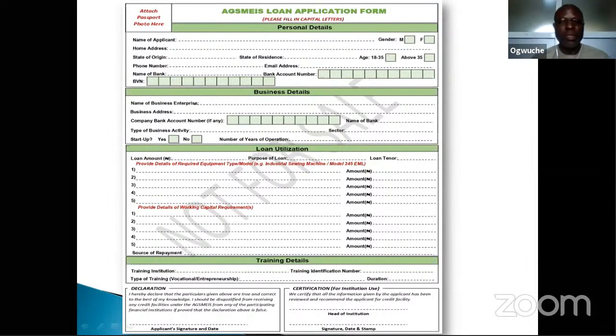For an existing business, of course, up to 10 million. Purpose of the loan, if it's a startup, is to start a business. If it's existing, is to expand a business. And then the number of years of operation. If it's an existing business, you tell us the number of years of existence of that business. After that, there is the other section, required equipment and working capital. These are the two most important sections here.